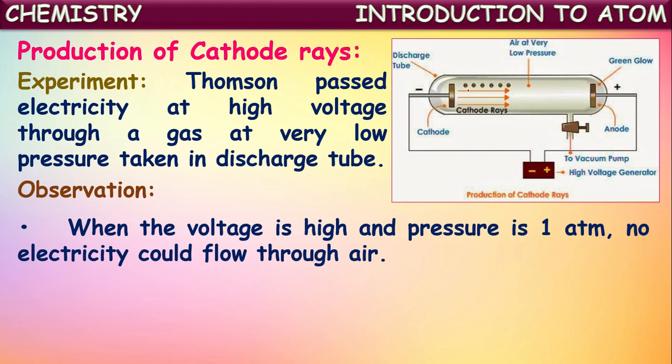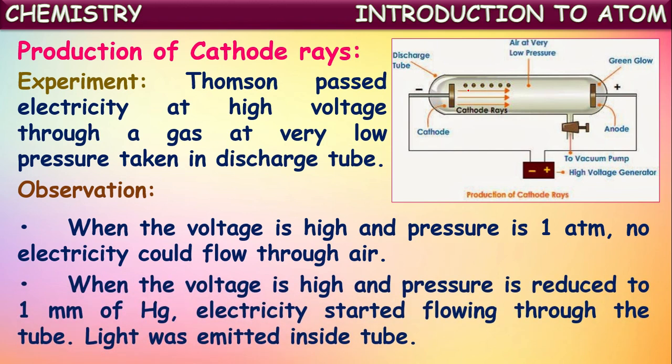Then when the voltage is high and the pressure is reduced to 1 mm of Hg, electricity started flowing through the tube. Light was emitted inside the tube. So what happened? Slowly the gas is evacuated by using the vacuum pump. Now the pressure of the gas inside the discharge tube is reduced to 1 mm, means from 760 mm it is reduced to 1 mm. As the pressure of the gas reduced, the gas started to conduct electricity.